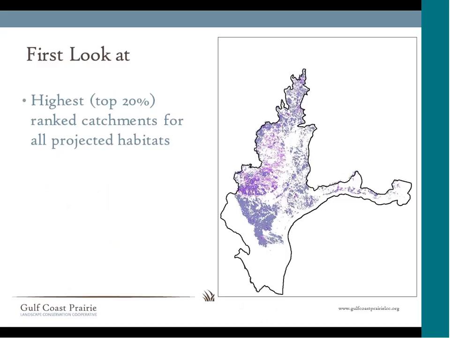All right, well, I've got 45 after, a little after that. So if no one else has any other questions, I'm going to thank you for calling in. This is our Strawman version 0.1 coarse filter, landscape conservation design for the Gulf Coast Prairie.